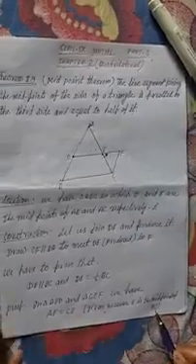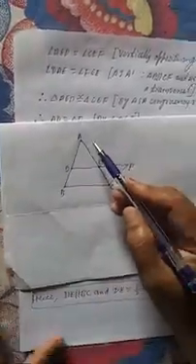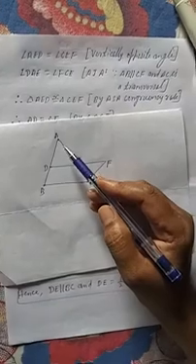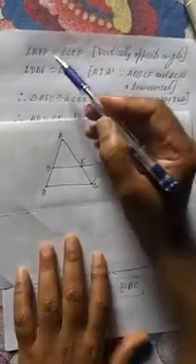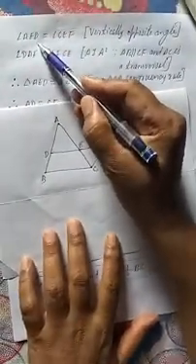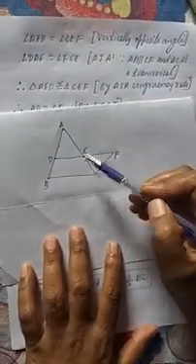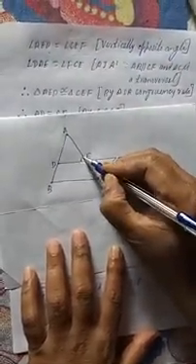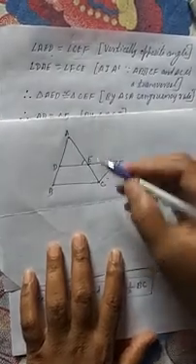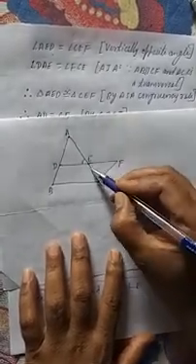I already wrote it here. Now see the figure, angles here. Angle AED is equal to angle CEF. Angle AED means this angle, and it is equal to angle CEF.